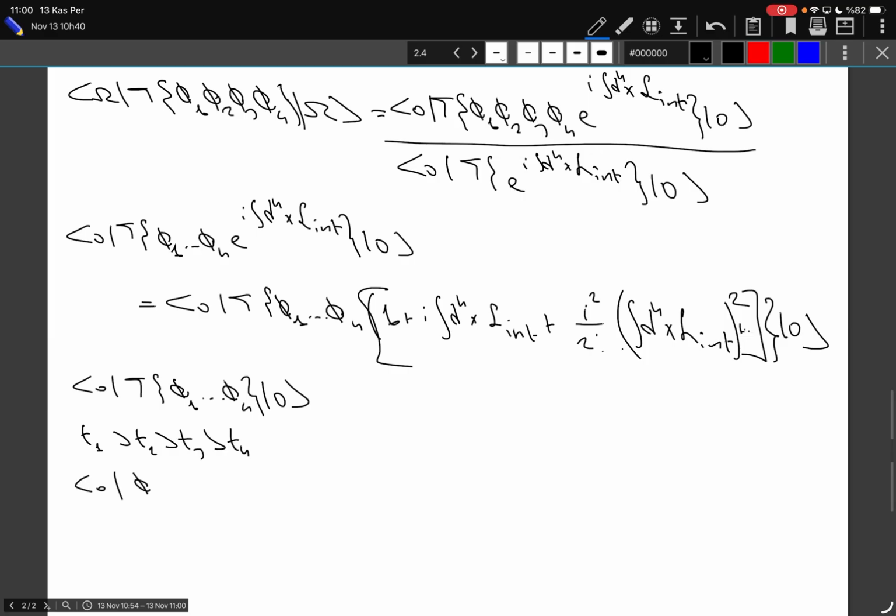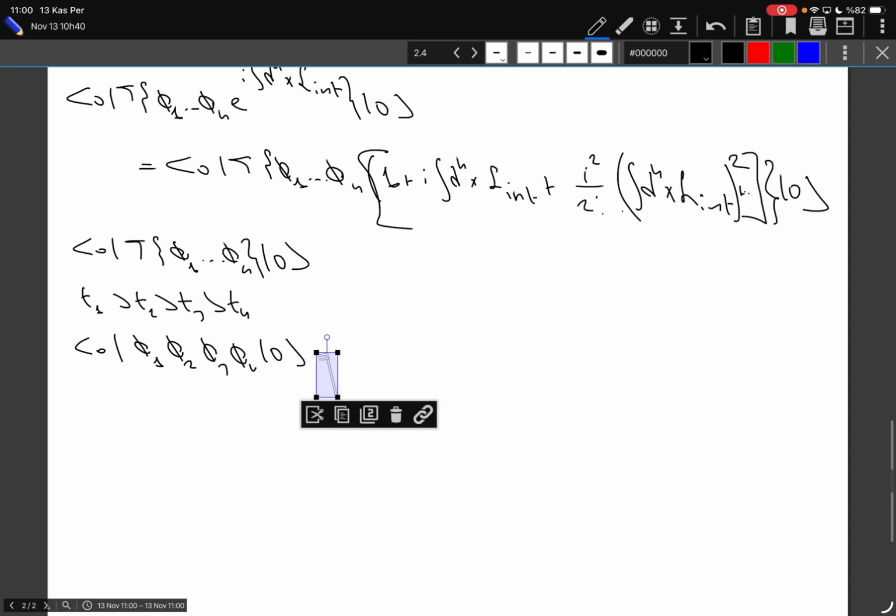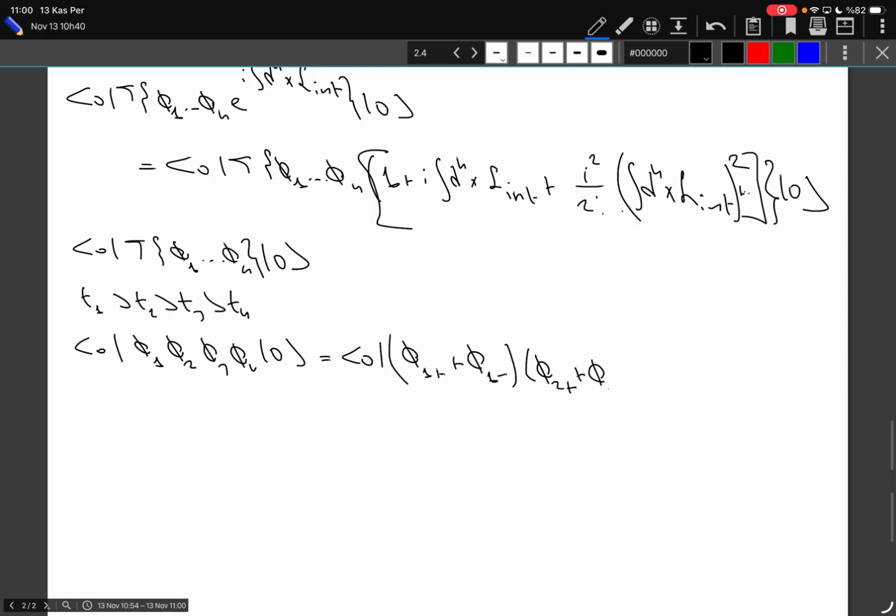The time-ordered product will be just phi 1, phi 2, phi 3, phi 4, which will be 0, phi 1 with its creation and annihilation operators, the same thing for phi 2. This is what I have, if that is the time ordered thing.